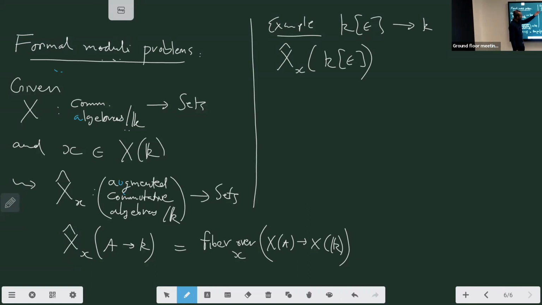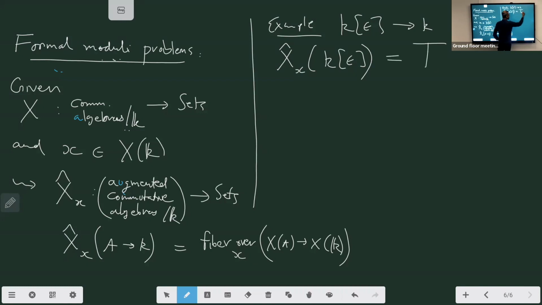And now I'm looking at all k epsilon points, in other words, tangent vectors, whose base point is the given point x. So in other words, I'm just looking at the tangent space at x of X.